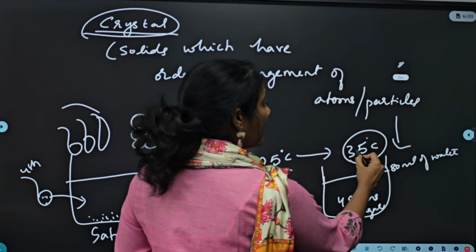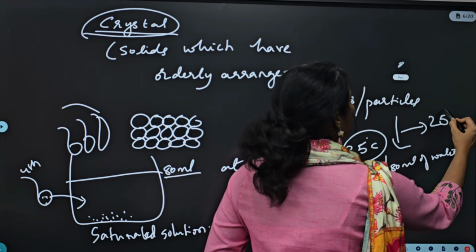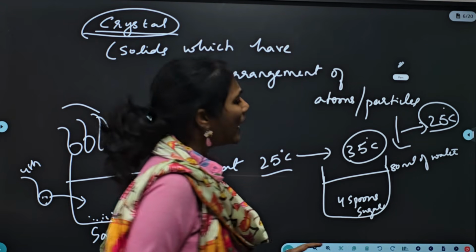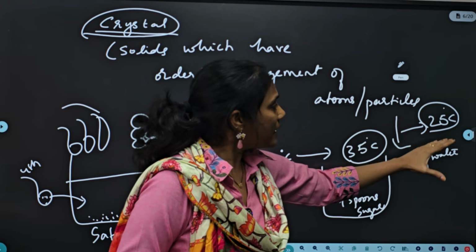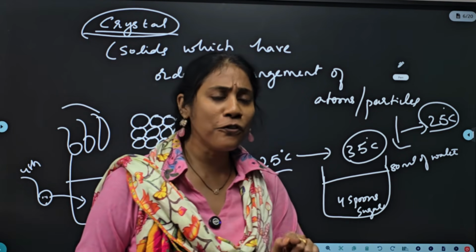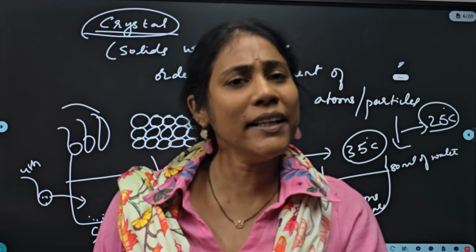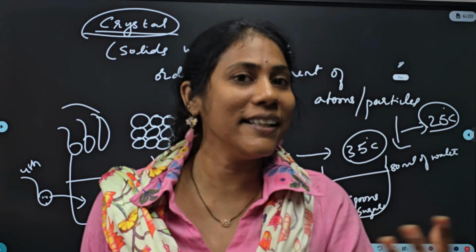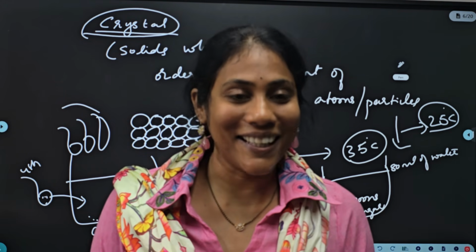Again I will reduce the temperature from 35 degrees to 25 degrees centigrade, guys. What would happen? What will happen to that 4th spoon of sugar? Will it be there inside the water or will it come out as a solid? It will again convert back to solid. What is your opinion?